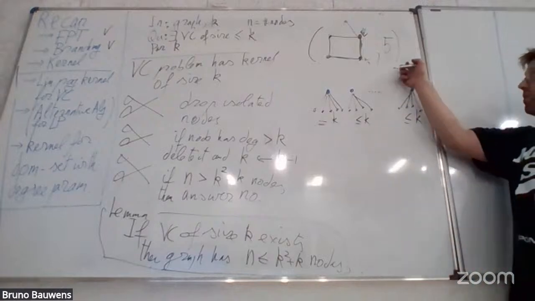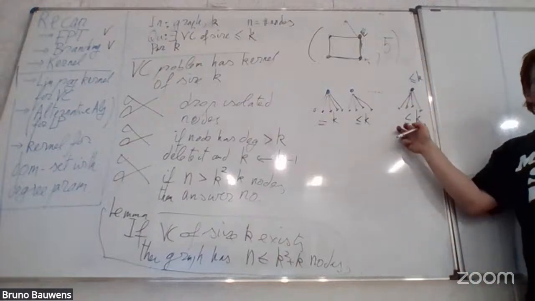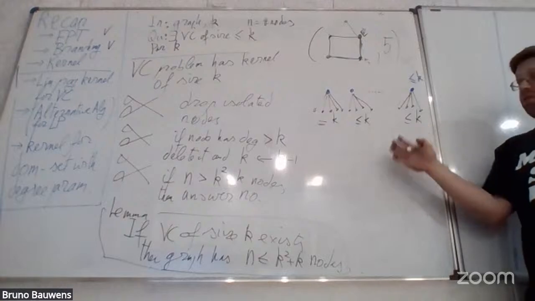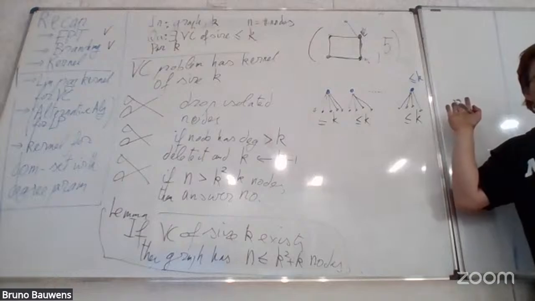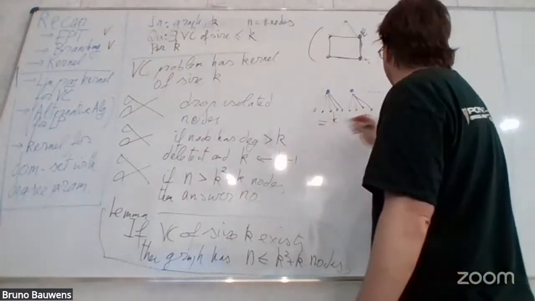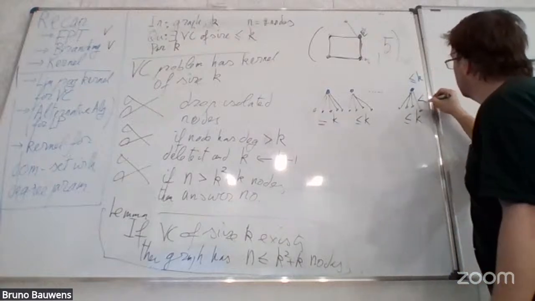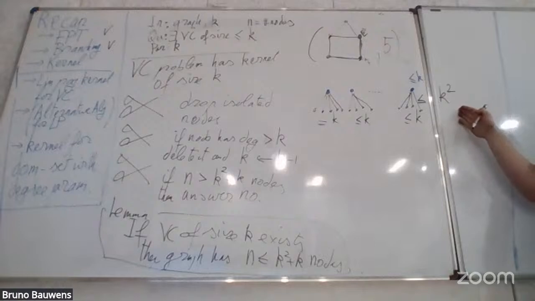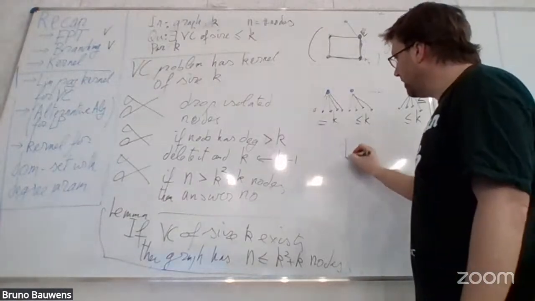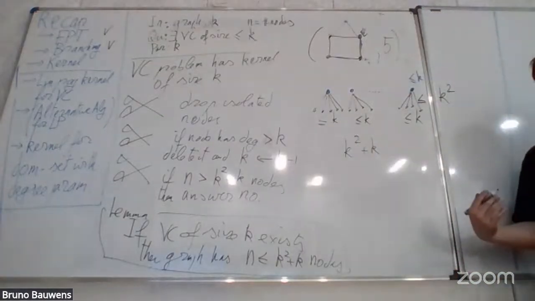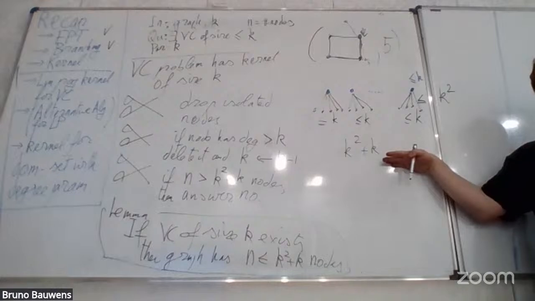It's the size of the vertex cover plus the number of edges, because every node will use one of these edges. And so we have at most k squared black nodes here. So in total, at most k squared plus k nodes. So if a vertex cover exists, there are at most k squared plus k nodes.